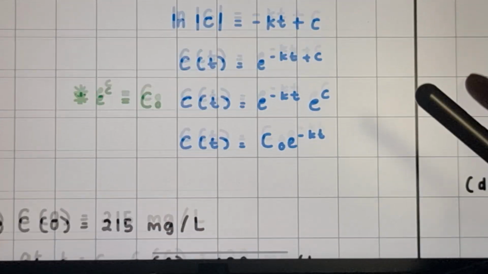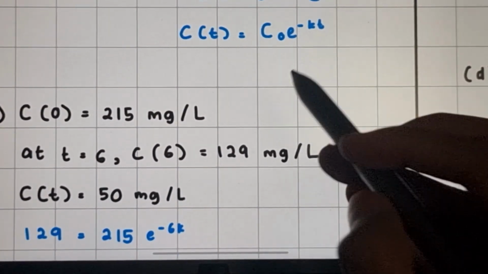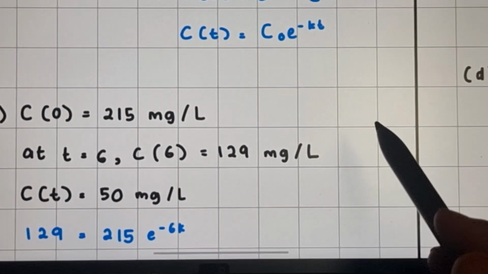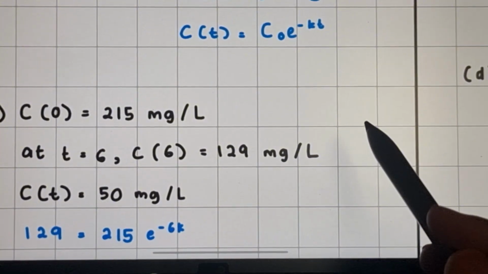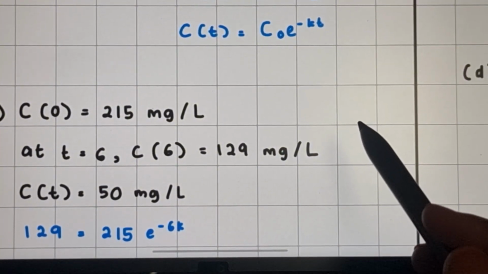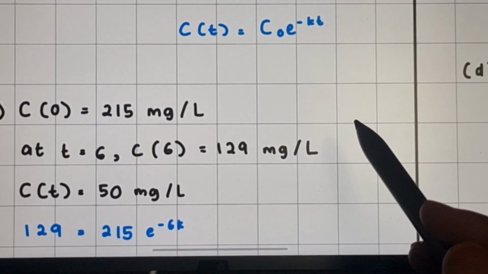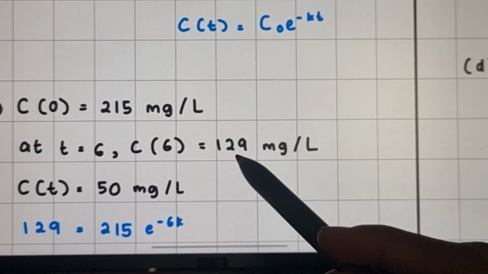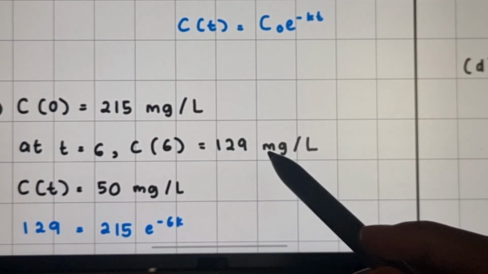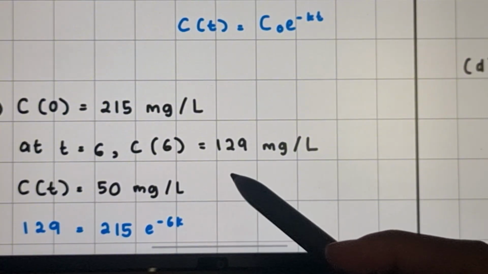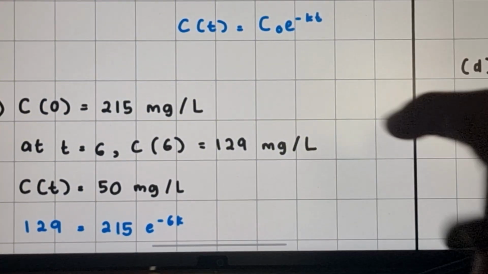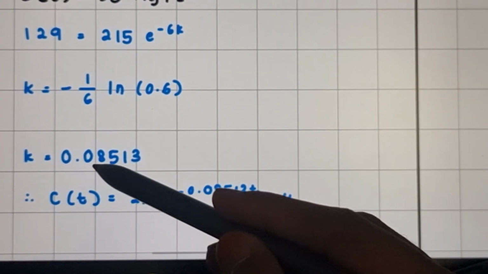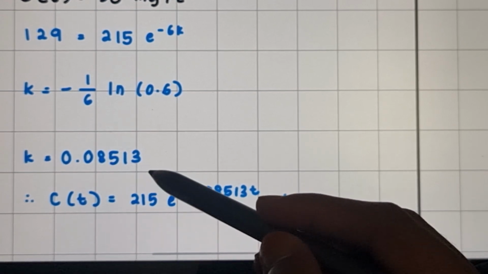Using the given data, where the initial concentration is 250 mg/L and the concentration after 6 hours is 129 mg/L, we calculate the decay constant as 0.08513.